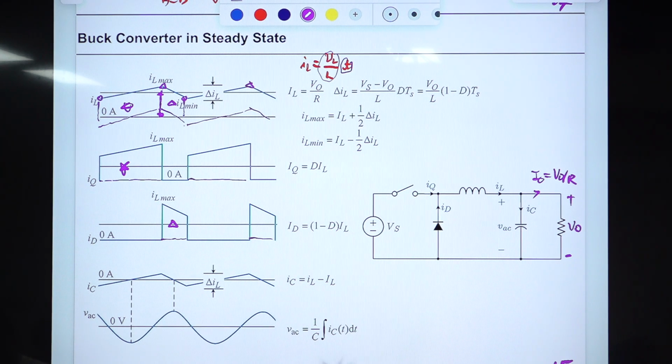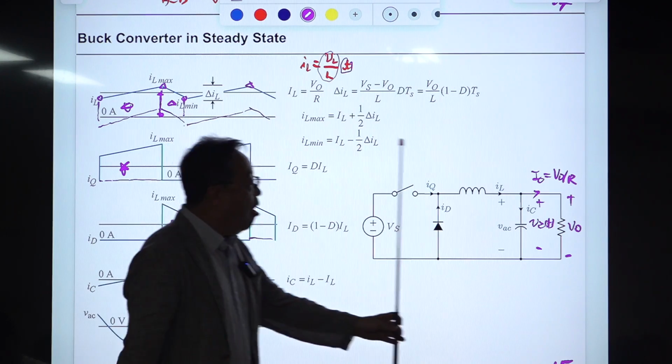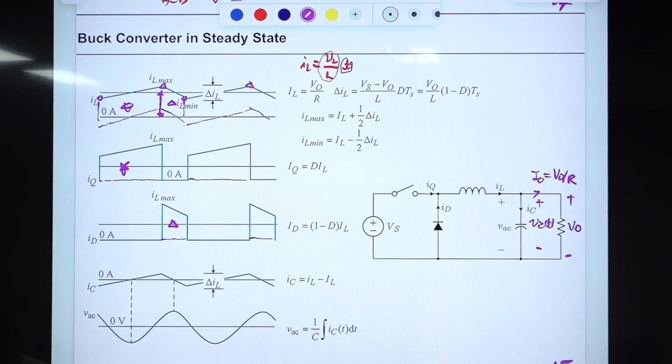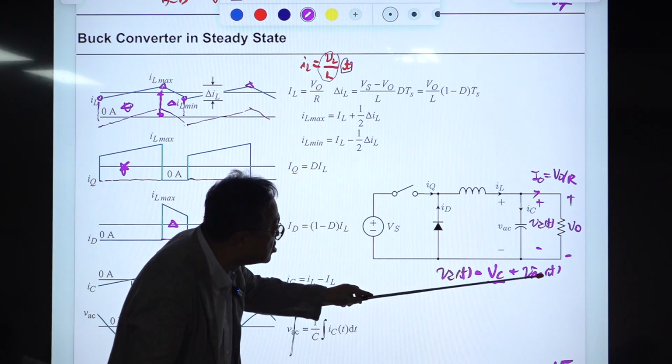Okay, so this is VCT, the voltage across the capacitor, which is the same as our output voltage, partially, not entirely. Then this VCT also contains a DC component plus a VAC component. Previously we assumed this is 0.